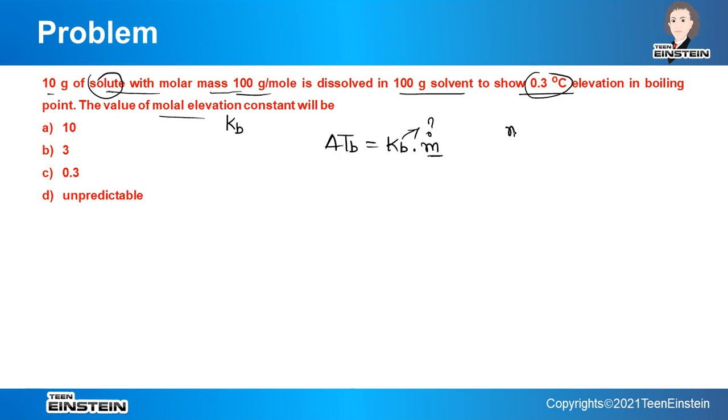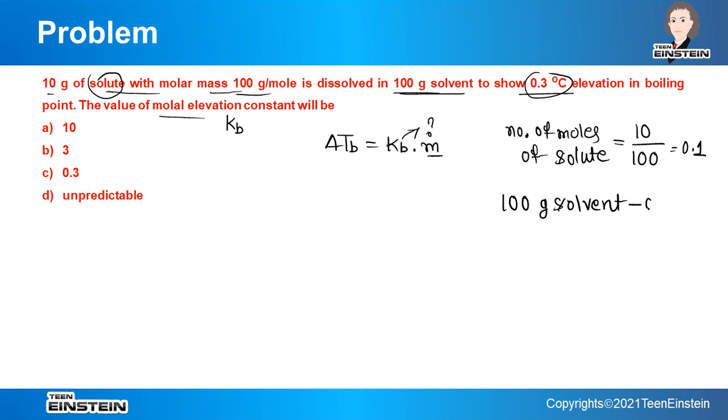So number of moles of solute will be equal to given mass, that is 10 gram, divided by molecular weight, that is 100. So this is 0.1. Now this number of moles is present in 100 gram, so we can write that it is dissolved in 100 gram solvent.